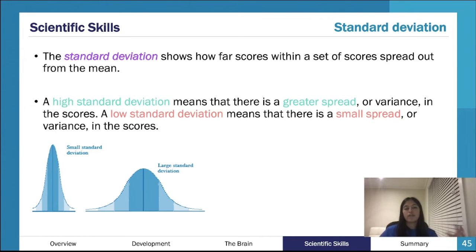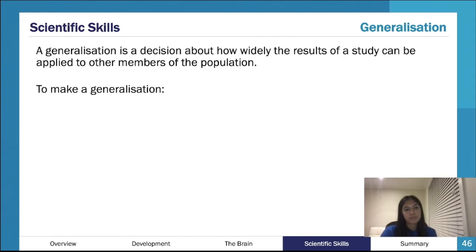That means there's greater variance between the scores. And that's telling you you're doing something a little bit wrong. Because if you've got, again, this miracle drug that's increasing people's memory, you've got the mean. If you've got people that are really, really low on one end and people that are really, really high, then it's like, what's going on to make people so different? Whereas if you've got a low standard deviation or a small spread, that means you've got less variance, which means everybody got similar results, which is what you're wanting.